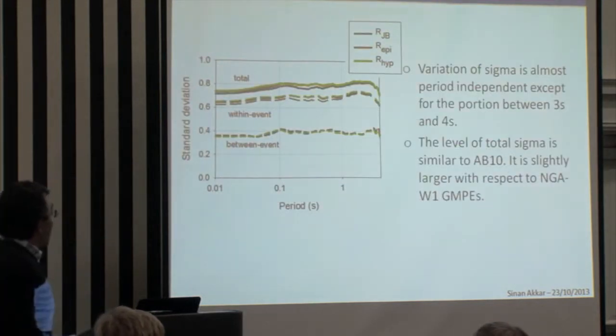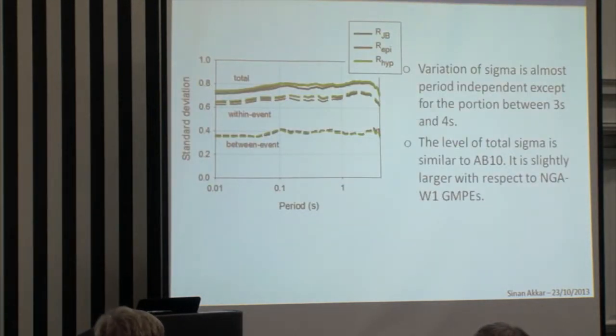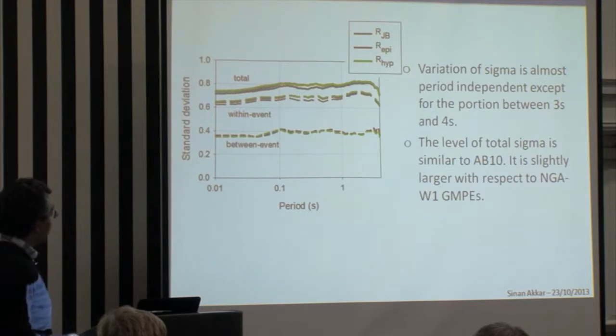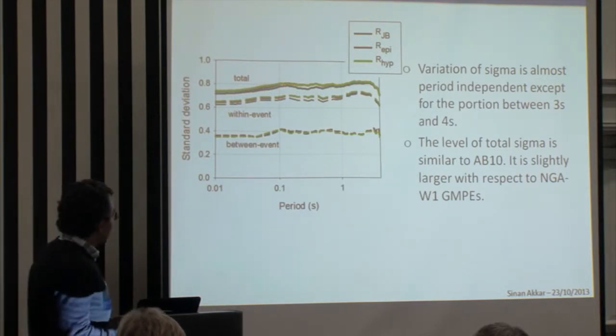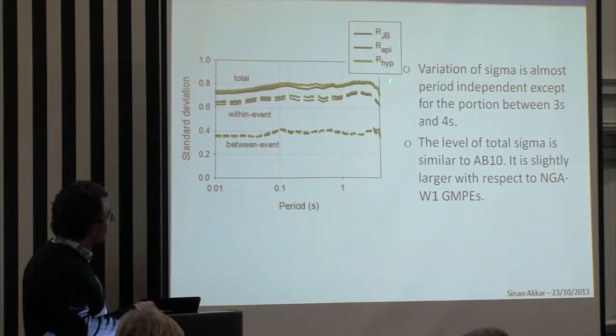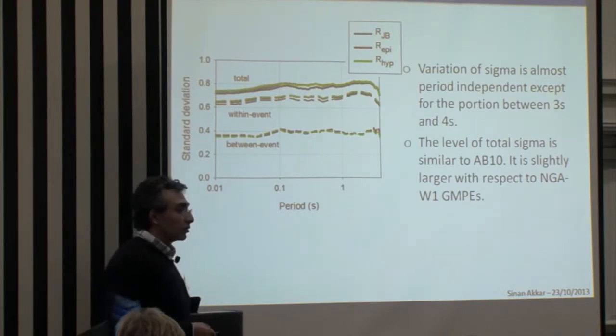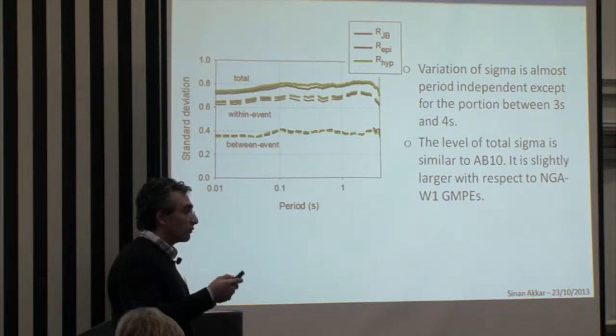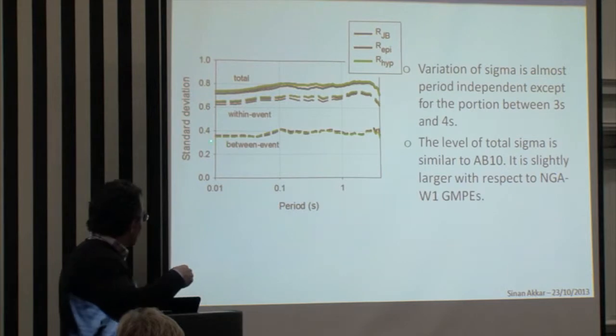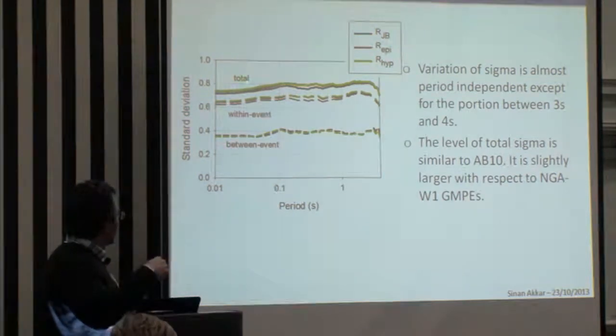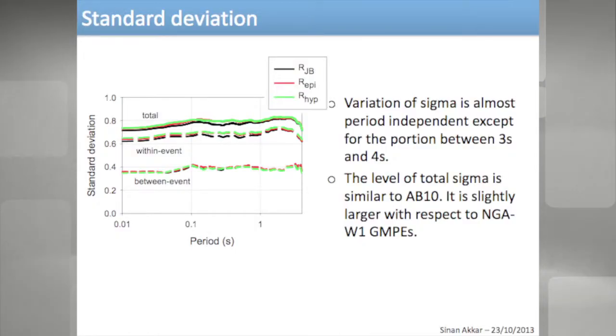Sorry. Okay, so this is the standard deviation, variation of standard deviation. And as you can see, okay, some explanation. Because we derived our model for 3 different distance measures, here I'm showing the between, within, and total for those 3 different distance metrics.